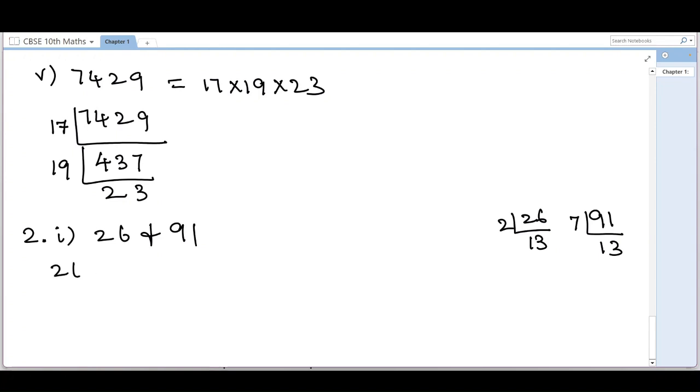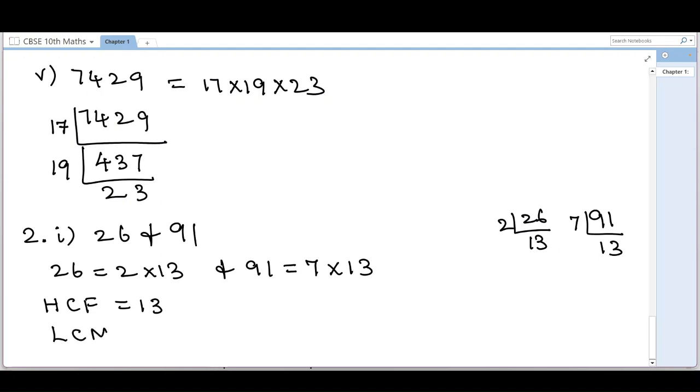So 26 can be written as 2 into 13, and 91 can be written as 7 into 13. So HCF of these two numbers is simply 13, and if you find the LCM, you will be having 2 into 7 into 13, which is nothing but 182.